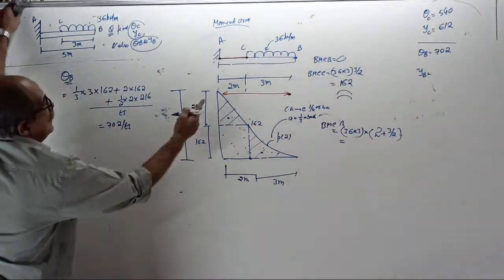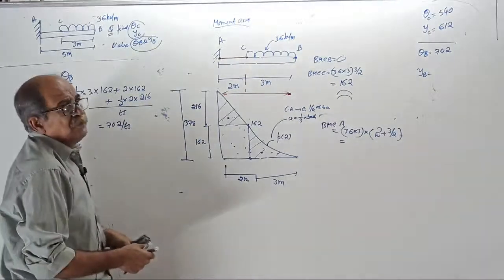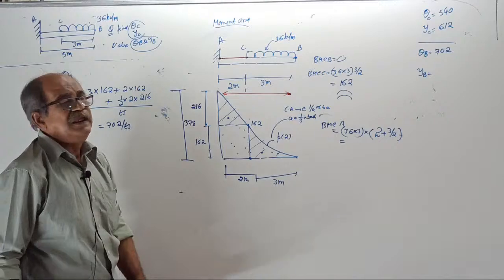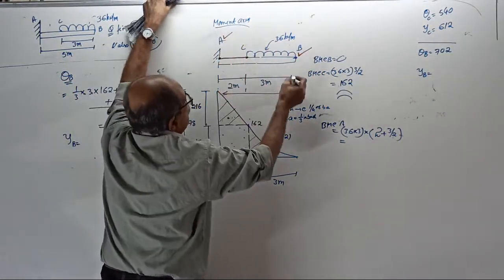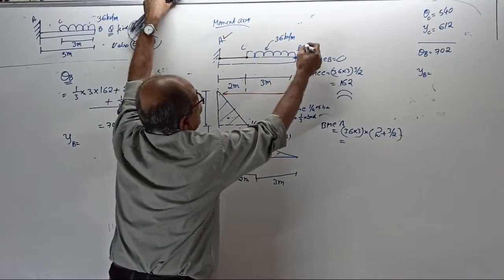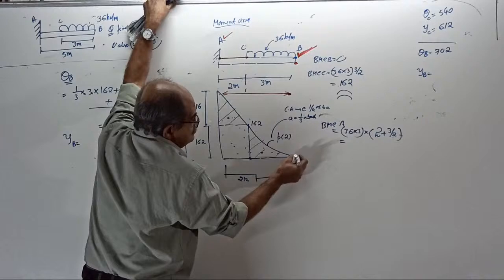Now, deflection at B is required. The moment of the area of the BM by EI diagram between B and the fixed end means the full area, but moment about B, moment about this point.